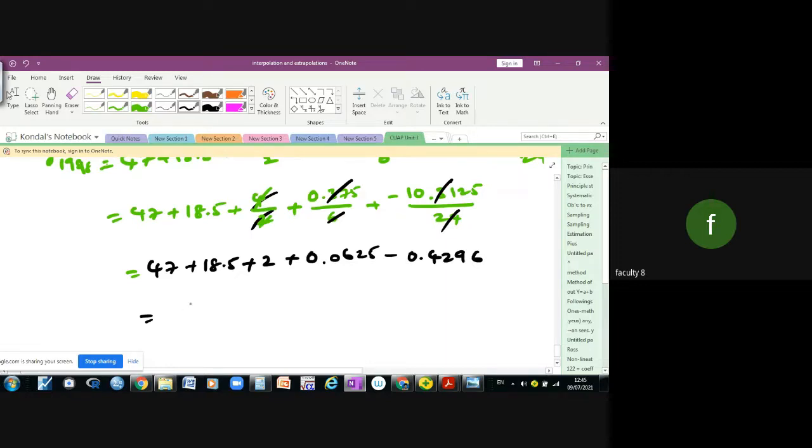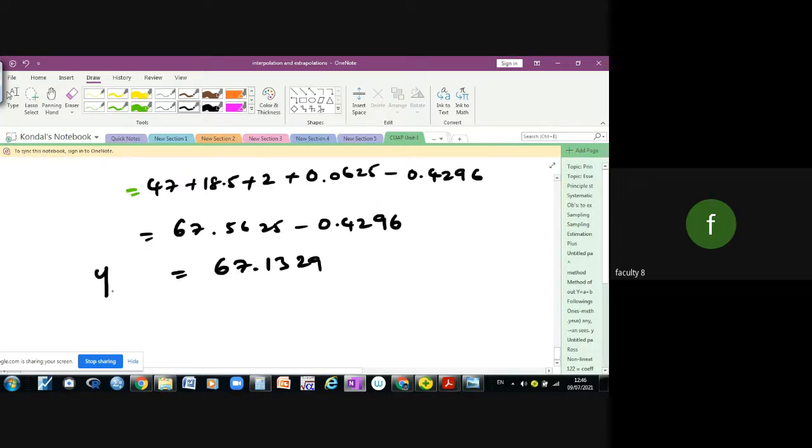So you will get around 67.5625 minus 0.4296. So the value we get is 67.1329. So then you will write 1998. So this is the answer.